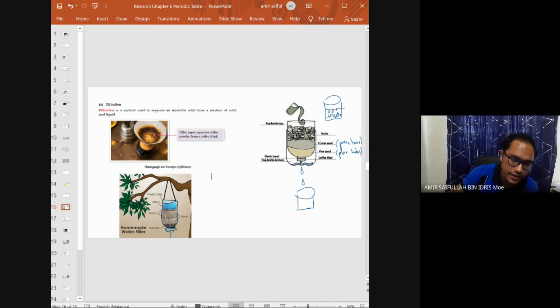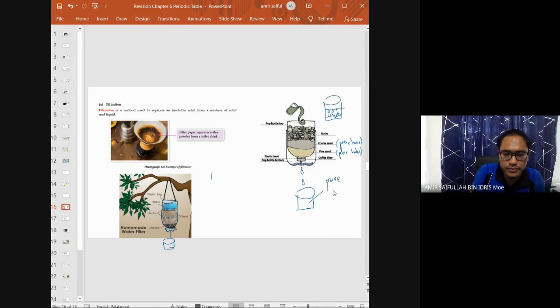What do we get at the end? Ini nanti dapat apa? This one is the facts. The one you say to me to separate, but what are the benefits?